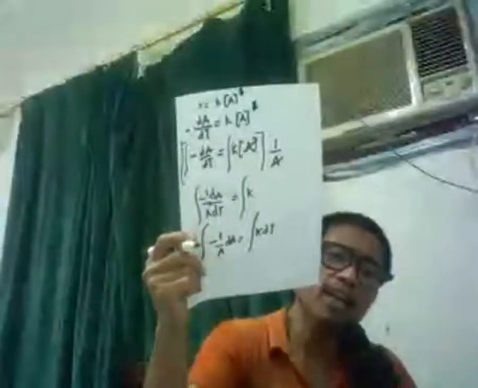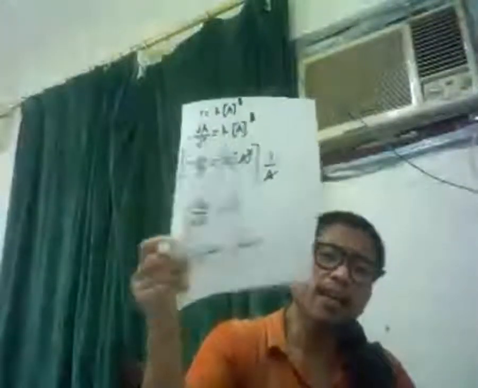Okay, so negative 1 over A dA equals k dt. Integrate both sides. Again, the same principle as with zero order. Now, guys, in this case, if you have dA over A, you cannot apply ordinary algebra here because that is dA over A. So we apply calculus for this.